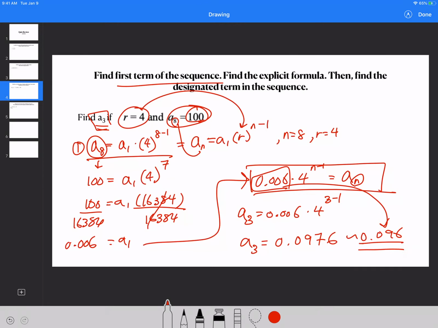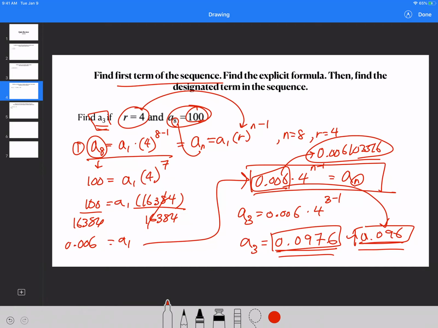That's fine. Either way is honestly fine for me, but preferably you should keep the decimal value intact, because it's not 0.006, it's 0.006103516. That's what I get. But of course, you don't have to use the exact value, approximately, because these two come out to be relatively close enough. I'll accept that as the answer as well.